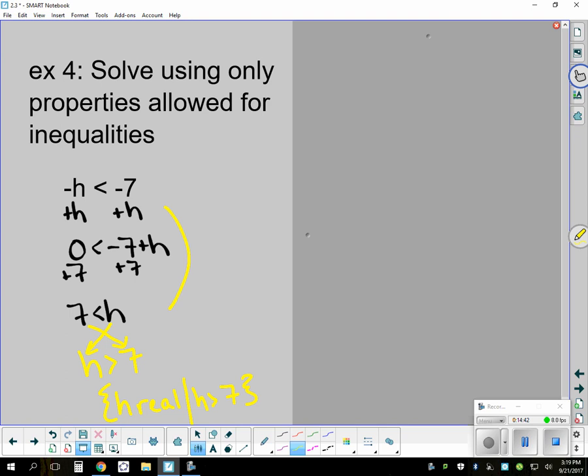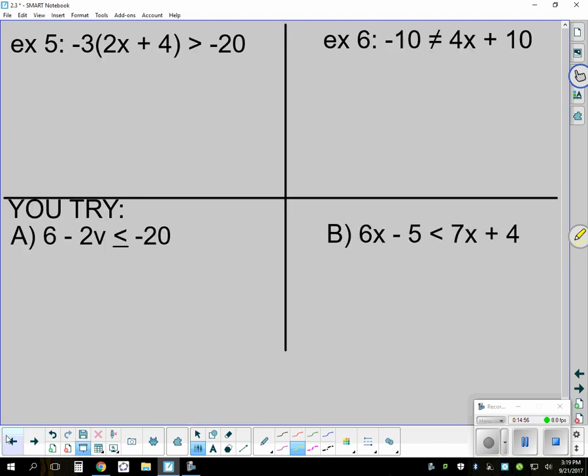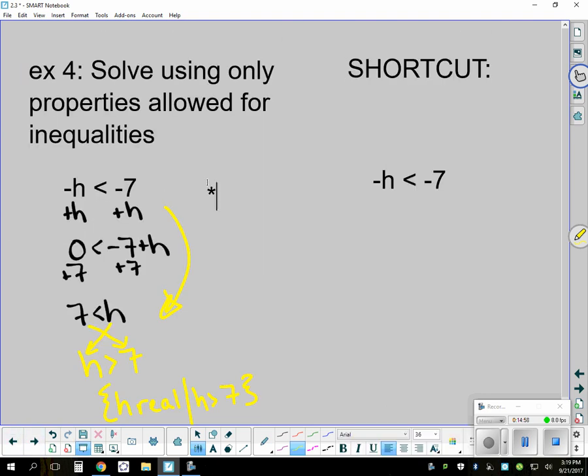Okay, so this is all well and good. We can solve like this every single time, or we can take a shortcut. The shortcut is, if you want to multiply or divide by a negative number, you may.